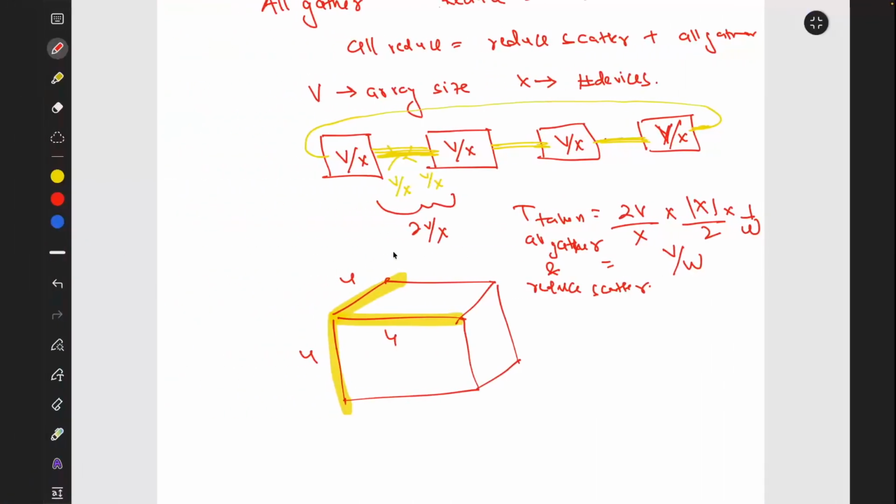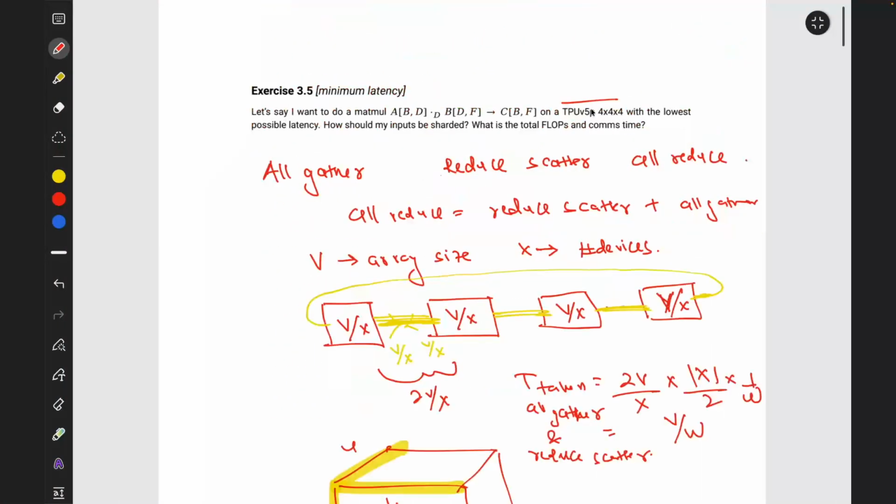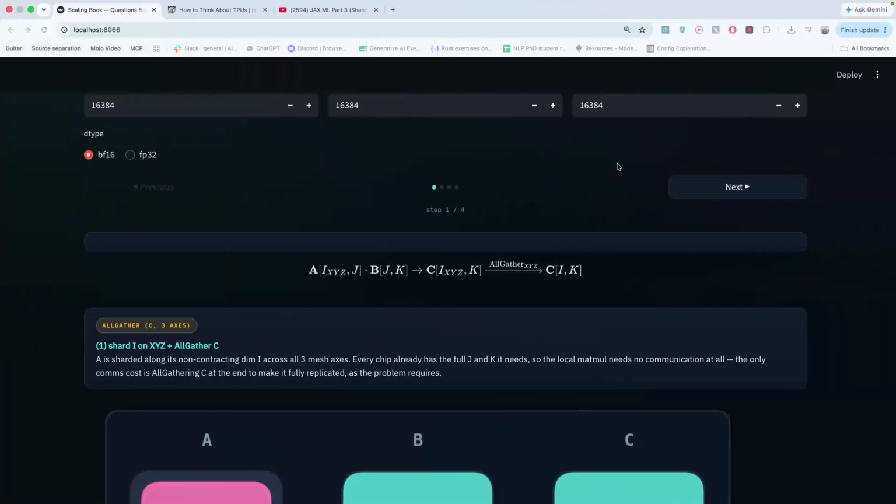If you remember our TPU v4 v5p architecture, it is 4 comma 4 comma 4, which had three axes. So here we are going to shard the first axis along the three axes, then we will do the matrix multiplication, and after that we'll do an all gather.